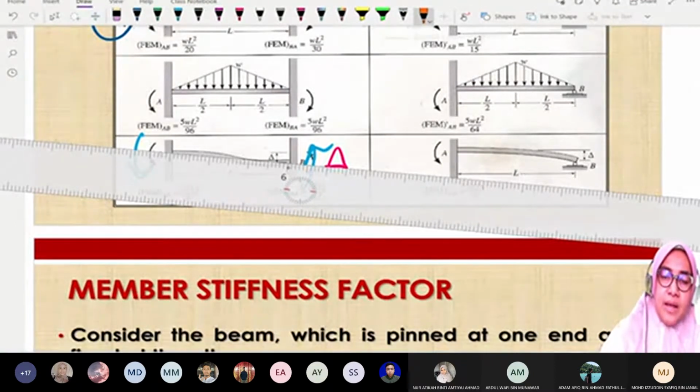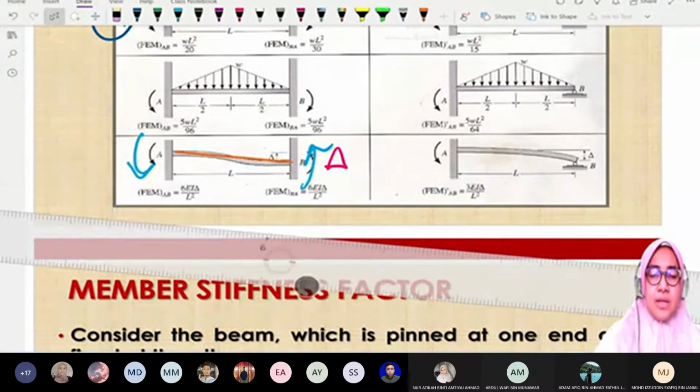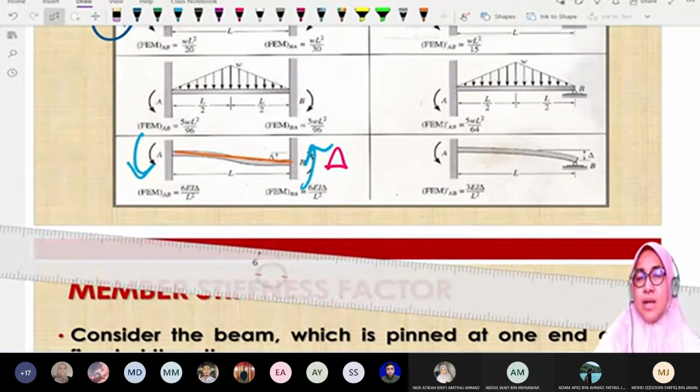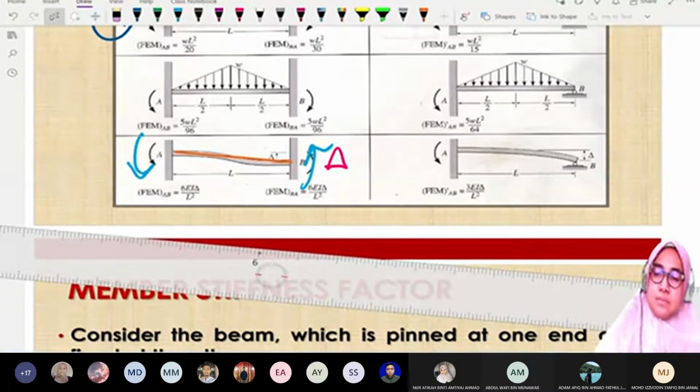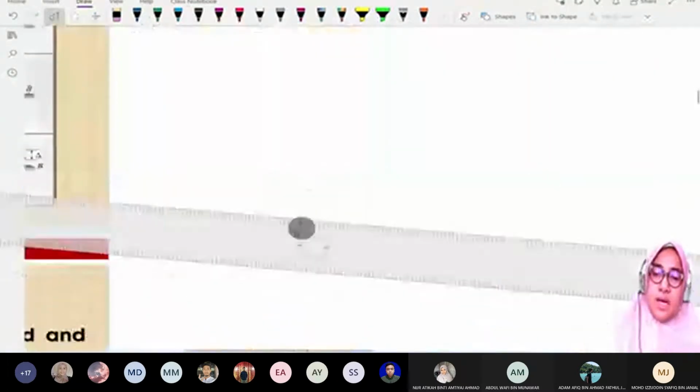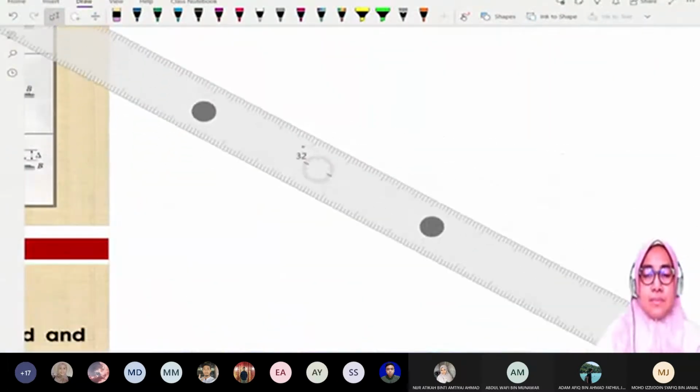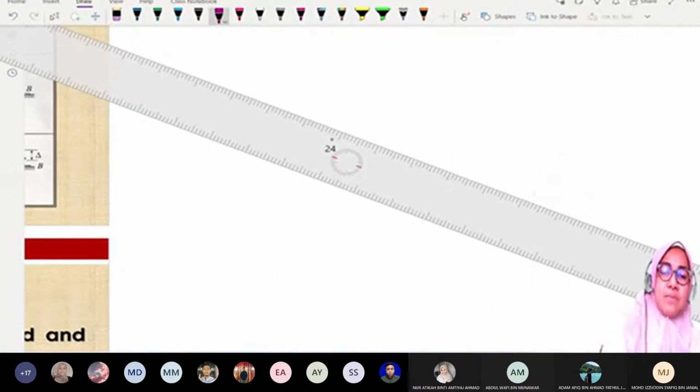Do you have any idea why the last one due to delta has this direction of fixed end moment? Ada tak siapa-siapa nak jawab? After settlement.